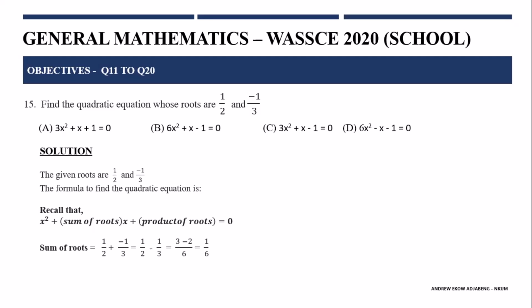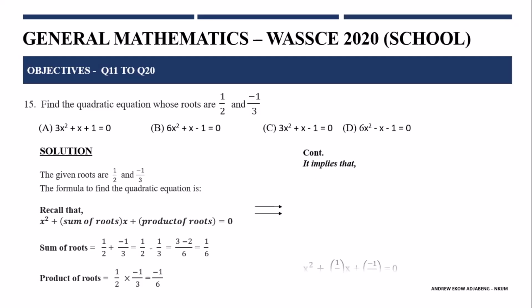And we solve for that. That is going to give us 3 over 6 minus 2 over 6, which is 1/6. And we find the product of the roots, which is 1/2 times -1/3, giving us -1/6.